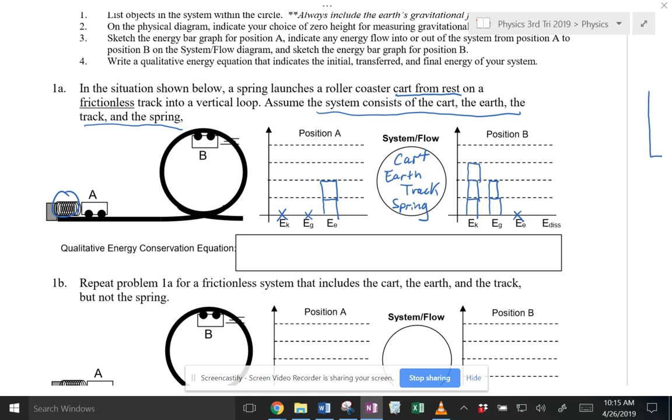Did friction store any of this energy in this problem thermally? Why not? Frictionless. Okay. So I'm going to put a big old X right there.